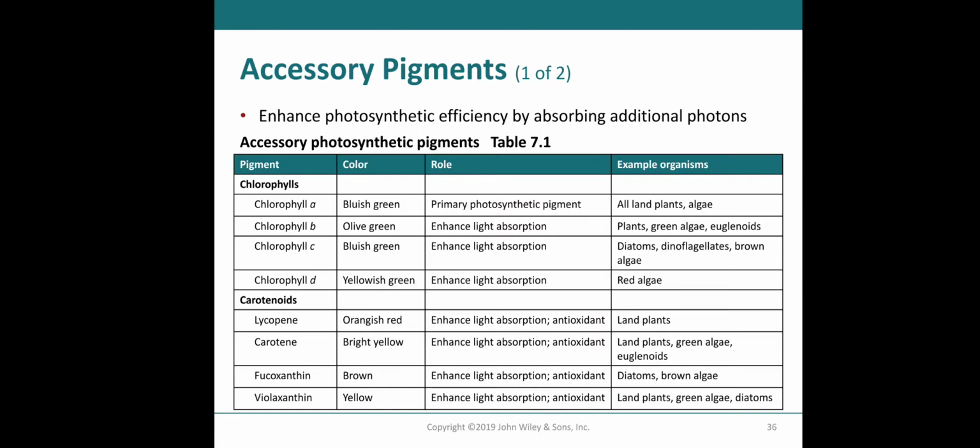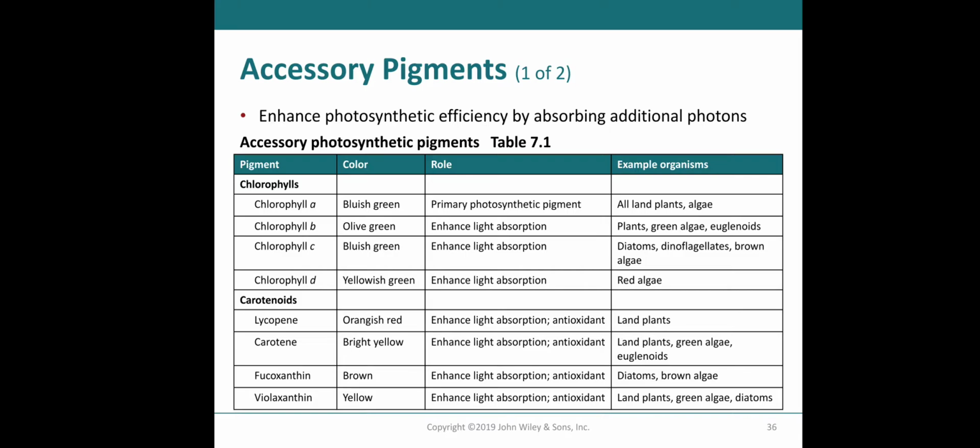They don't exactly give off colors, they reflect them. So you have bluish green, olive green, bluish green, yellowish green. That's why some plants have darker green, and some leaves of the plants have a little bit of other greenish hues. Those are the different pigments, and the combination of those pigments.